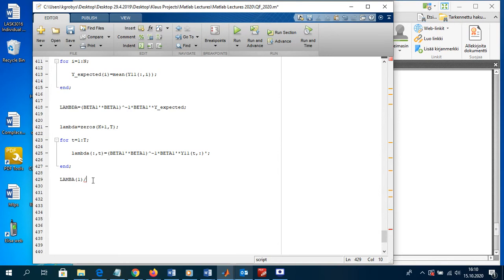We divide it by the square root of the variance from lambda, take the first row, all columns, divided by the observations T. Let's copy that.